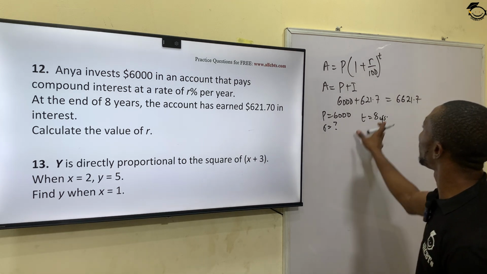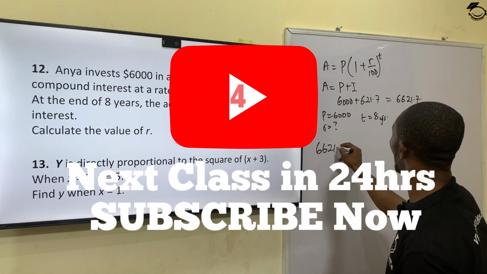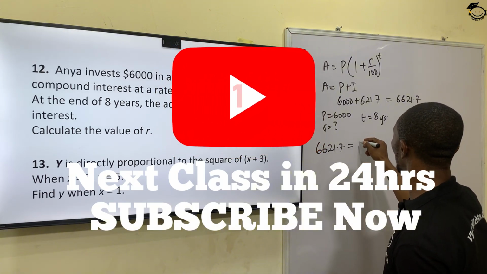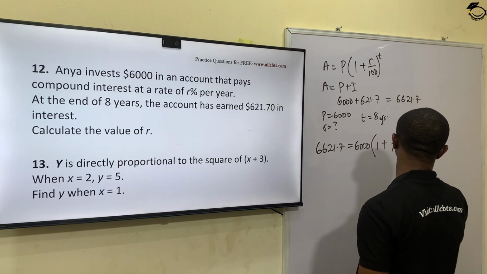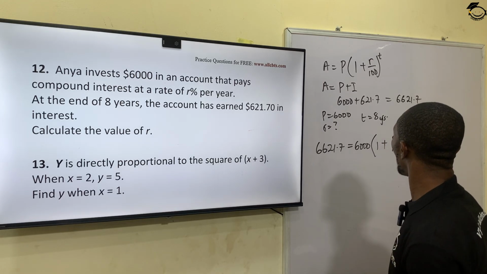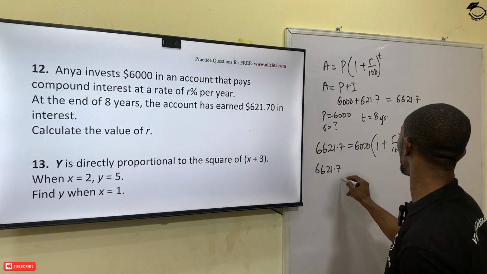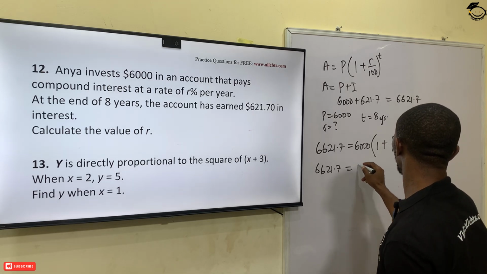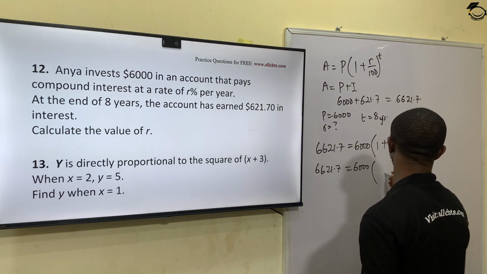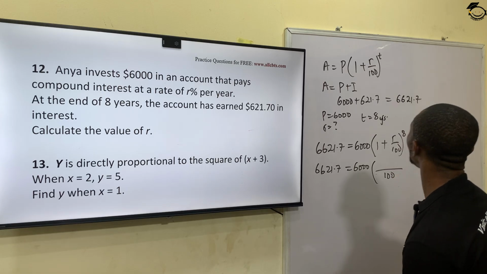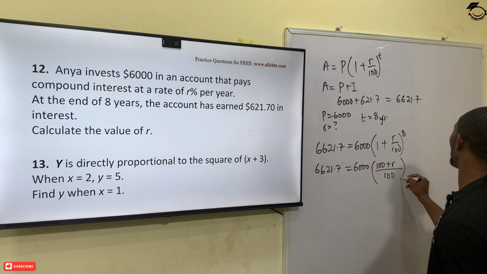Now, inputting this data into the formula, our amount will be 6621.7 equals principal 6,000 bracket 1 plus r over 100 raised to power 8. Opening up this bracket, we have 6621.7 equals 6,000 brackets, LCM will be 100, all over 100 plus r raised to power 8.